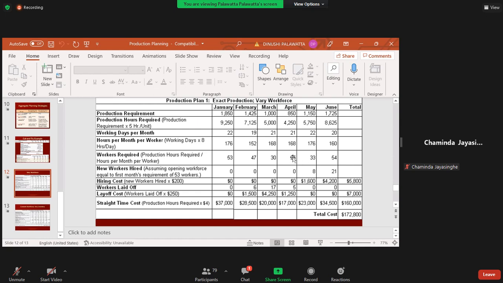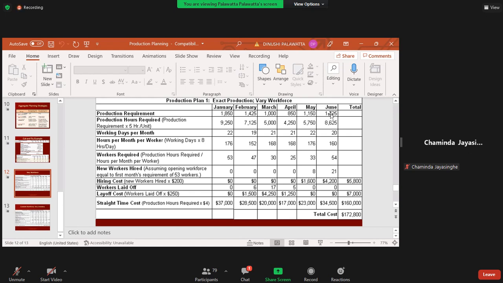At the end of April, you have 25 workers, but in May you need 33 workers. So you have to hire 8 workers at the beginning of May. 8 times 200 is 1,600. That's the hiring cost, no firing, and therefore no firing cost. 5,750 multiplied by 4, you get 23,000 as the straight time cost.